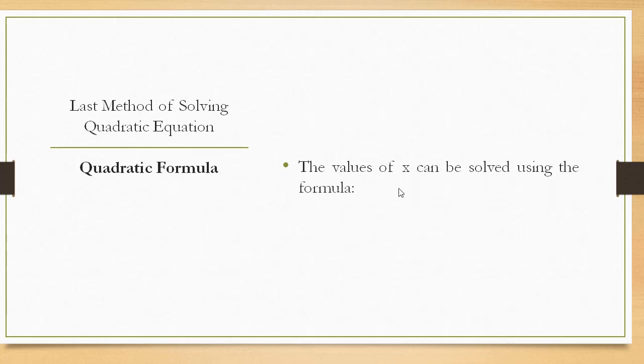So the values of x can be solved using the formula x is equal to negative b plus minus square root of b squared minus 4ac all over 2a. So this formula is the only thing you need to memorize when using the quadratic formula method. Nothing else. This method is straightforward if we just identify a, b, and c in your quadratic equation.